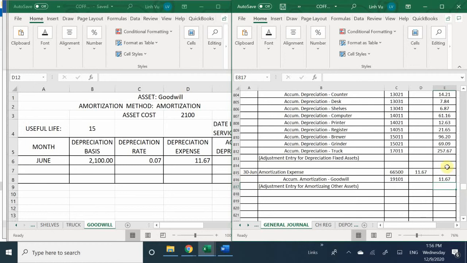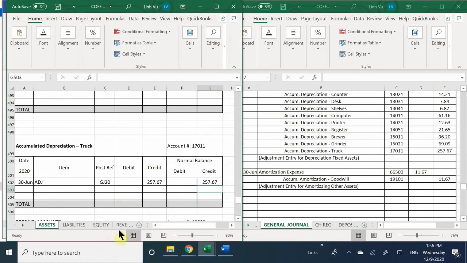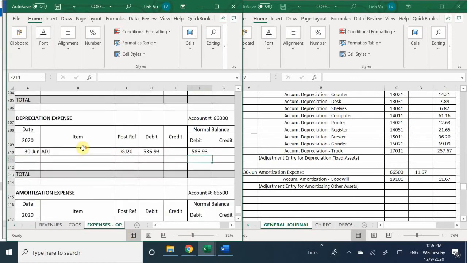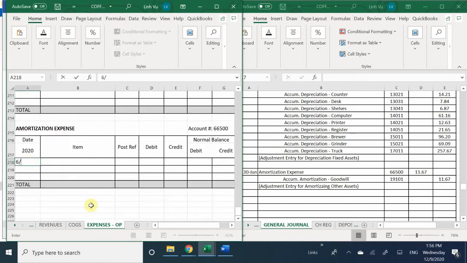So here we are at 1167. Now that we completed our journal, we gotta update our ledger. Expenses, amortization should be the very last table. Is it an amortization adjustment entry, or still just an adjustment entry?